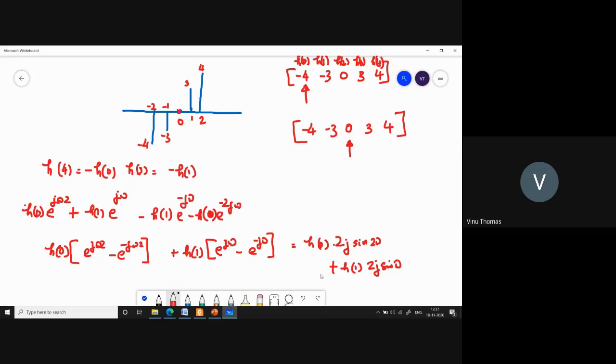All right, is it understood? So I will take this 2j outside. So I can write this as 2j into h of 0 into sine 2 omega plus h of 1 into sine omega.